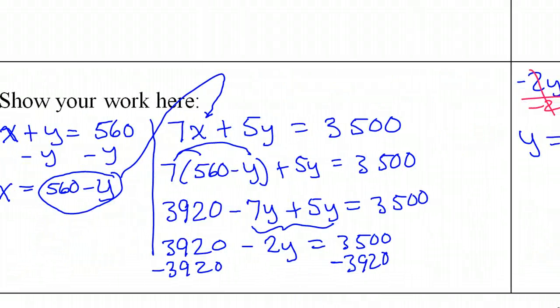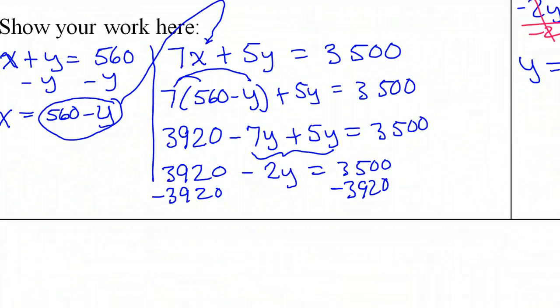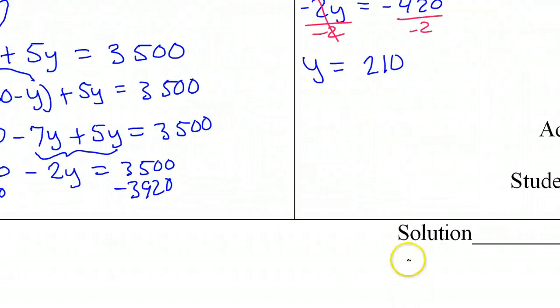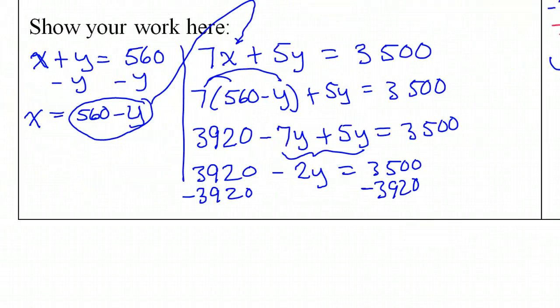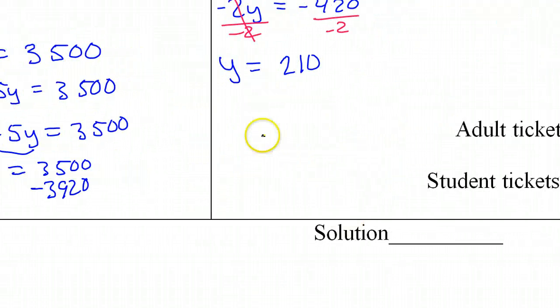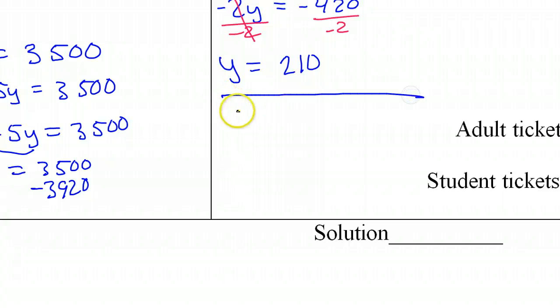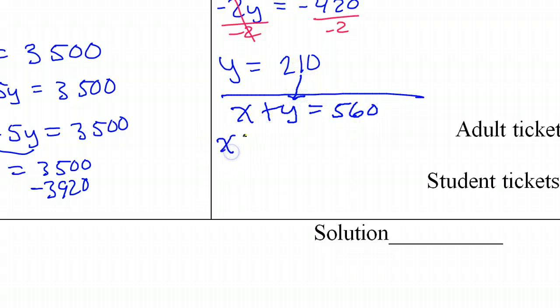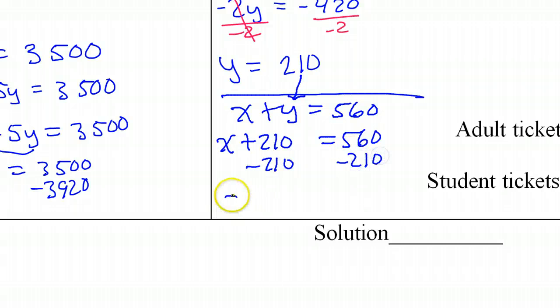All right, and now all we have to do is plug that back into one of the original equations. Let's use the x plus y equals 560. So x plus y equals 560, but y is 210, so that's x plus 210 is 560. Subtract 210. All right, so x is going to equal 350, and that is the number of adult tickets.